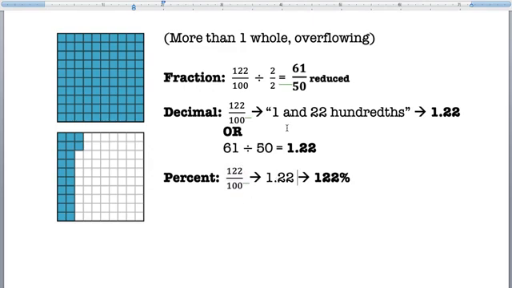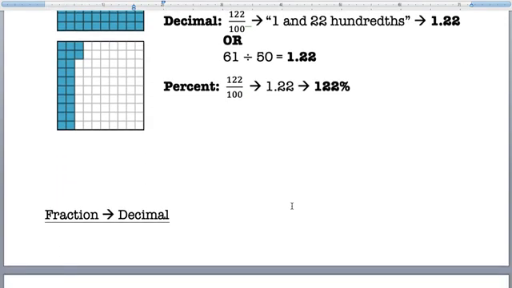Or you could take that decimal and you can move it over 2 spots for the 2 zeros or decimal place values in 100, and you will also get 122%. And it is more than 100%. That's why it is a percent greater than 100%, 122%. So those are two examples on how you can move between fractions, decimals, and percent.